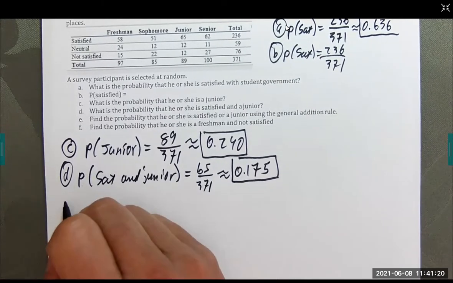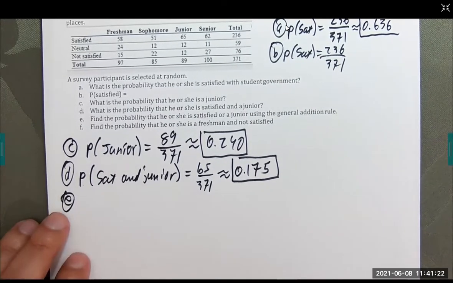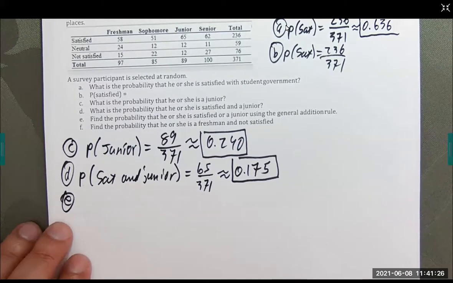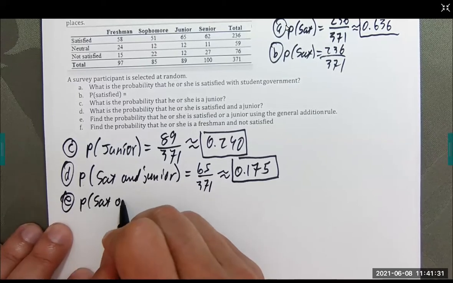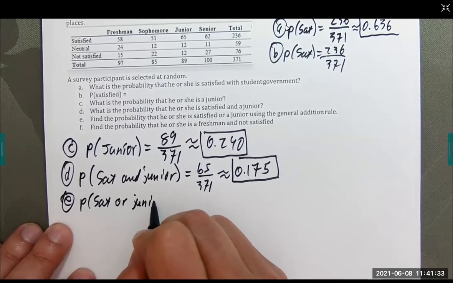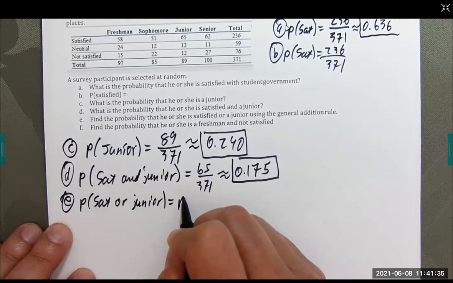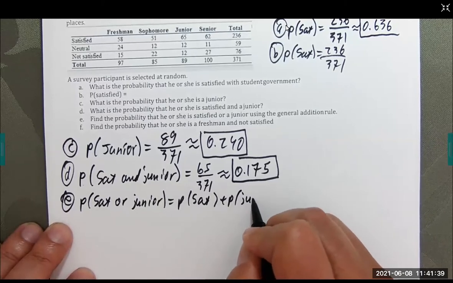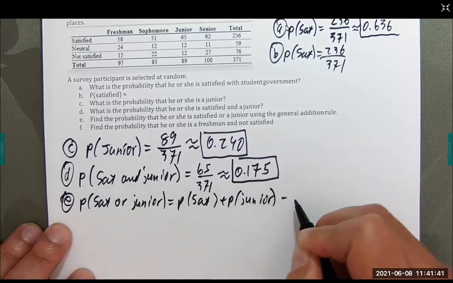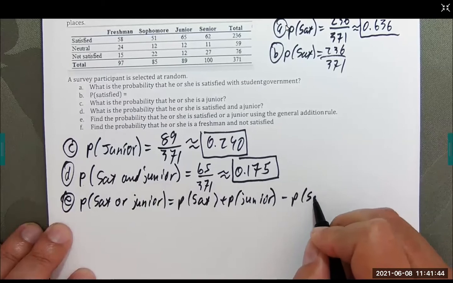And part E, find the probability that he or she is satisfied or a junior using the general addition rule. So probability is satisfied or junior. Probability satisfied plus probability junior minus probability of satisfied juniors.